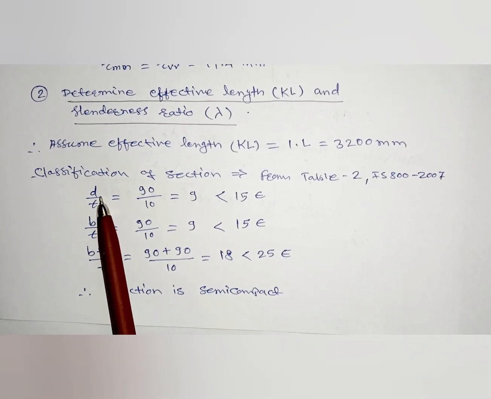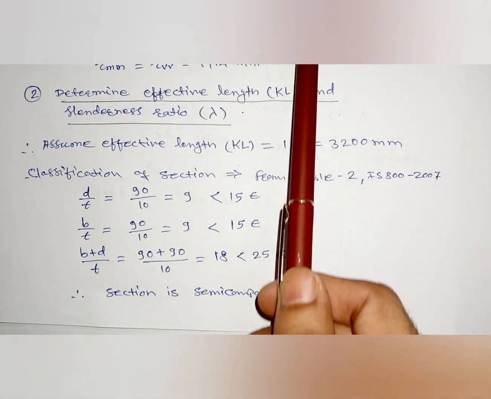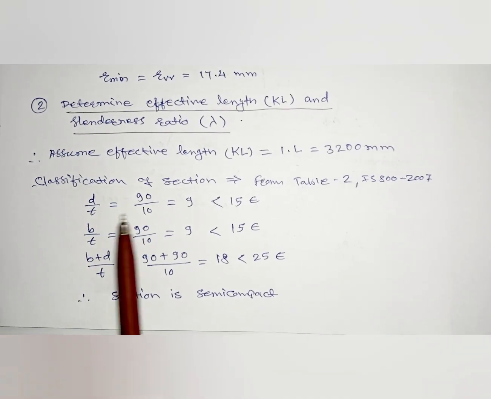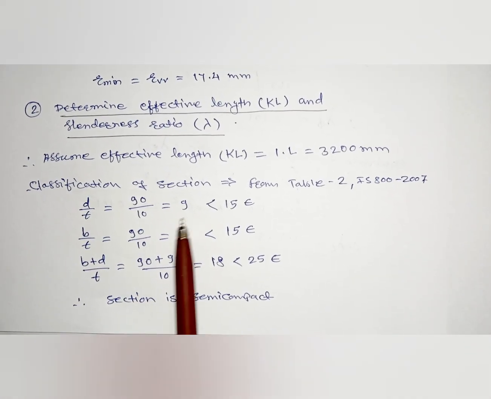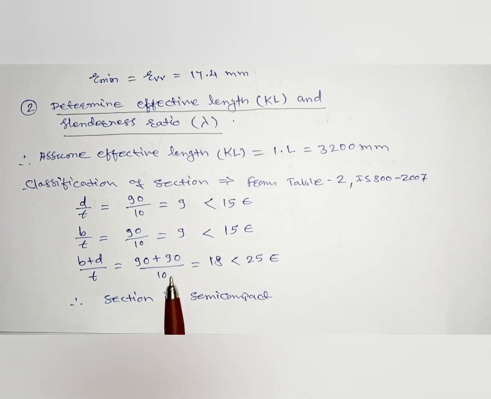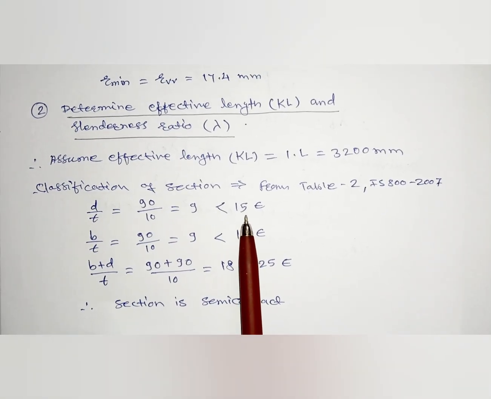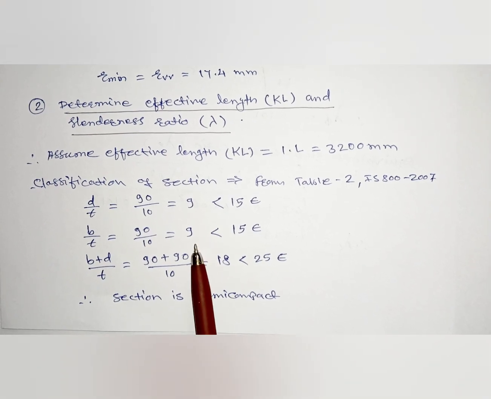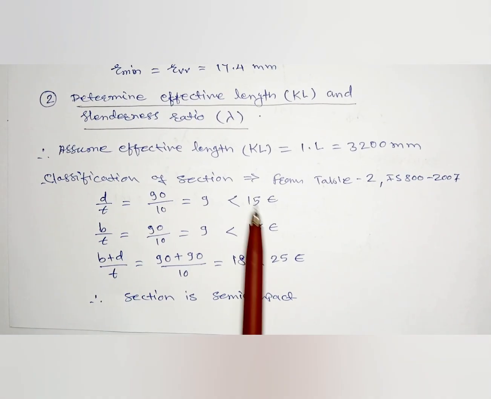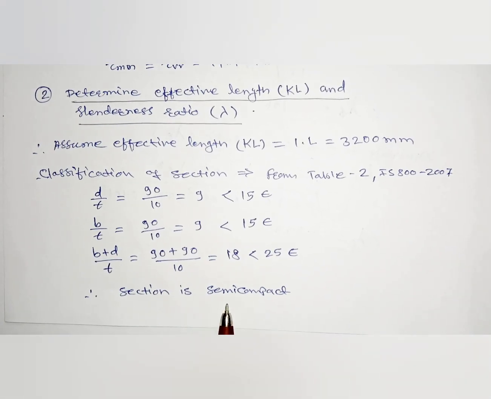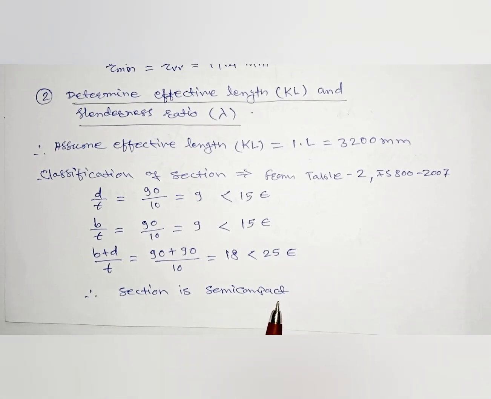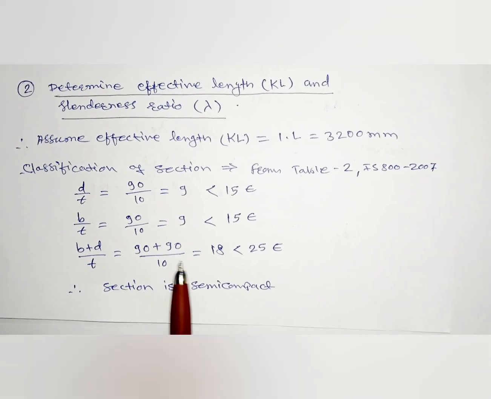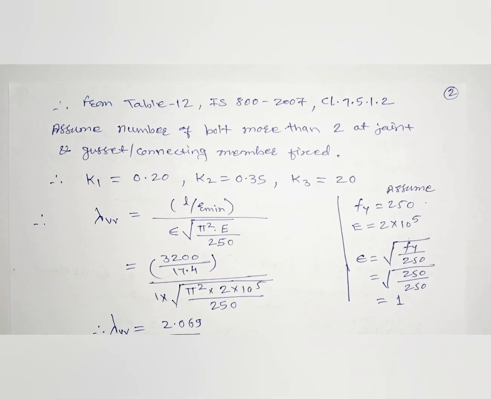The depth of our angle we have already taken as 90 by 90 by 10, and thickness is 10. Similarly we can determine all these things, and we can clearly see here that 15 is less than 15.7. From this condition we can easily identify the section is semi compact. It is required for our buckling class, and its class is C.